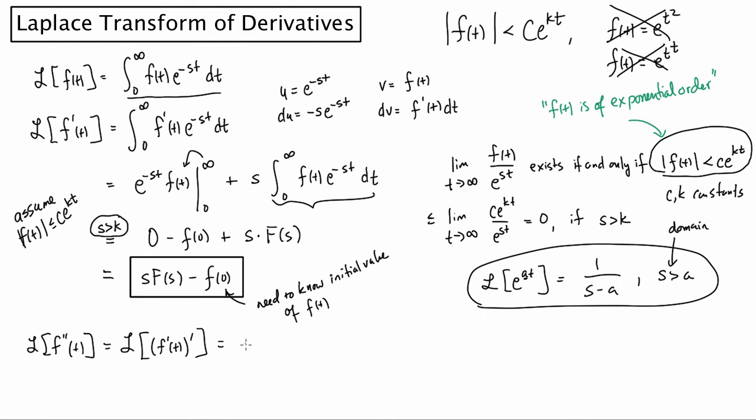The above formula says it should be s times the Laplace transform of the function, but that's the Laplace transform of f prime in this case, minus f at 0. And then if we apply the recursion one more time, the Laplace transform of f prime is s F of s minus, this would be f prime at 0 because that's the function here, minus f of 0.